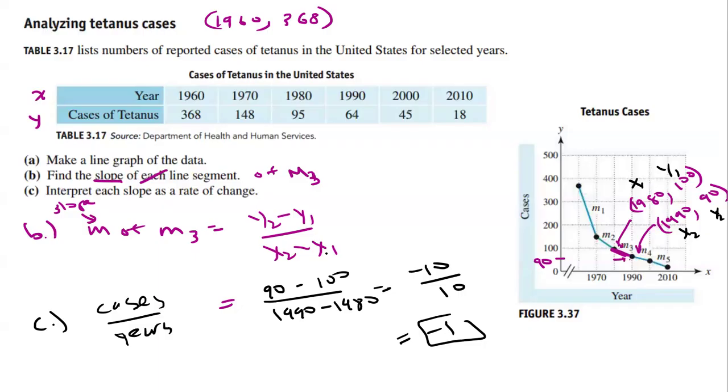The negative indicates that it's decreasing, so the cases are going down 10 cases per 10 years, or one per year, as we reduce that fraction. But the bottom line is that if we were to find the slope for each of these line segments, they're going to be different because it varies.